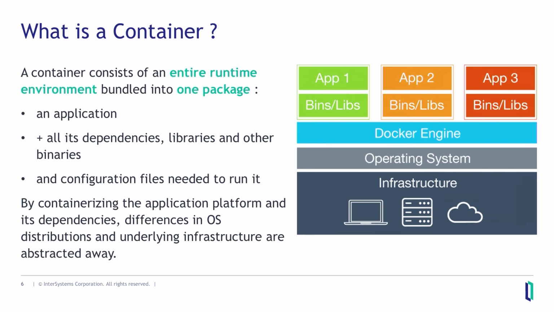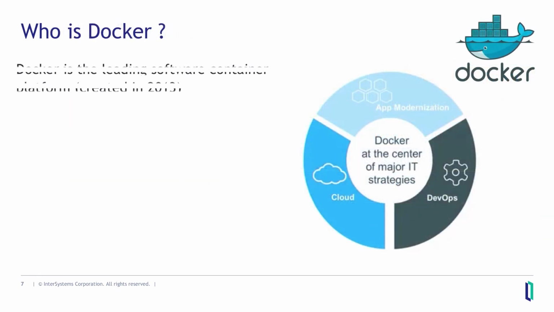And when you think about containerization, the differences between your image in terms of distribution, distro, etc., and the underlying infrastructure you have on your OS are totally abstracted away, which is the beauty of containerization and isolation.